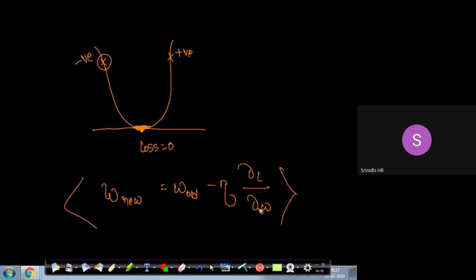Now we need to know what exactly happens with respect to this. Yesterday we discussed the chain rule, where we considered this derivative of L with respect to derivative of W. In today's session, we'll be discussing only the activation function.